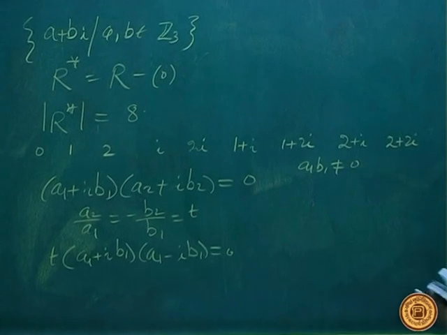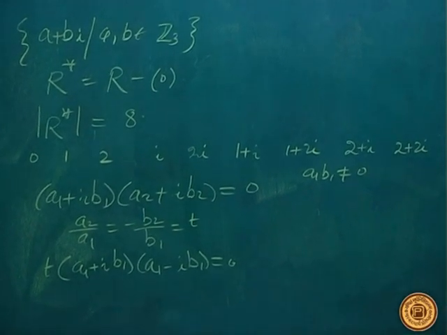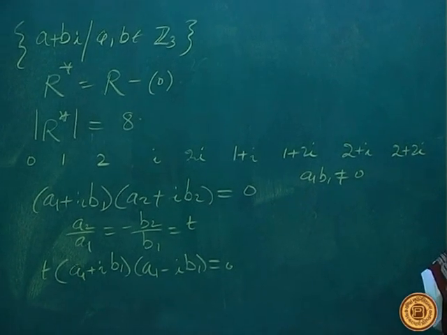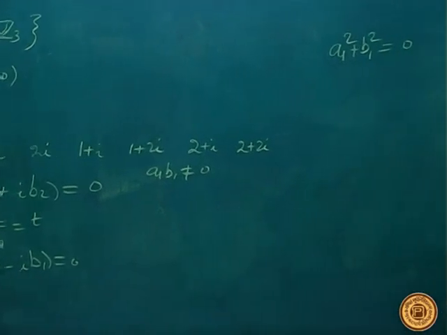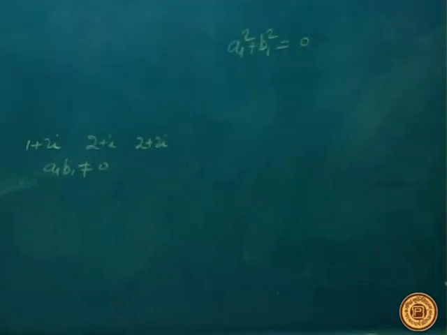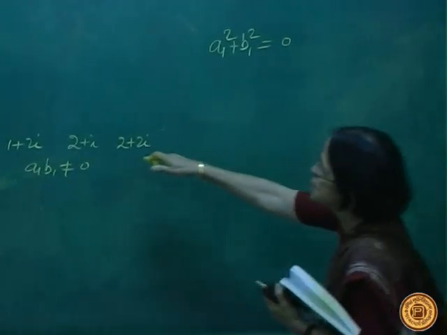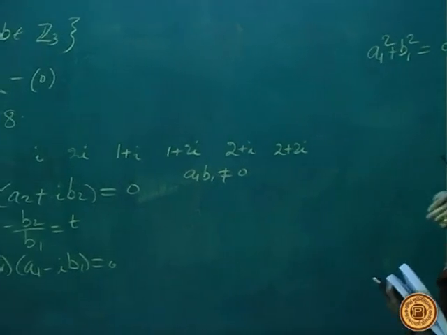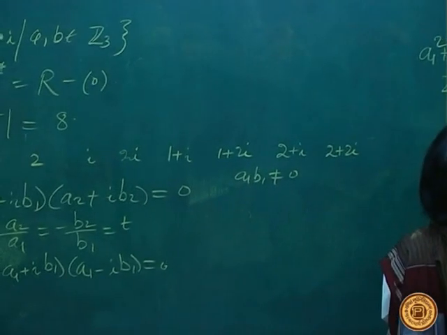So what does that give us? It gives us that a1 square plus b1 square is equal to 0. Now a1 and b1 are in Z3. I don't have to look at all these elements, but I can certainly examine the elements in Z3.